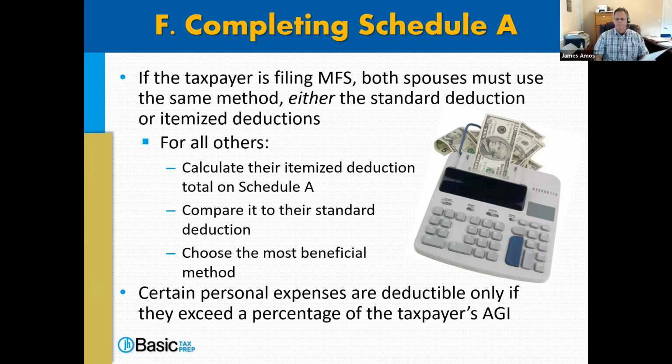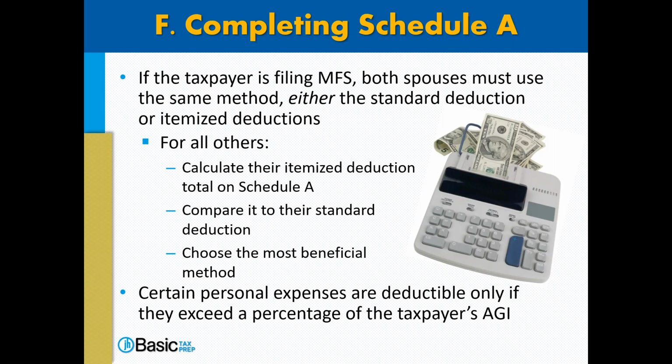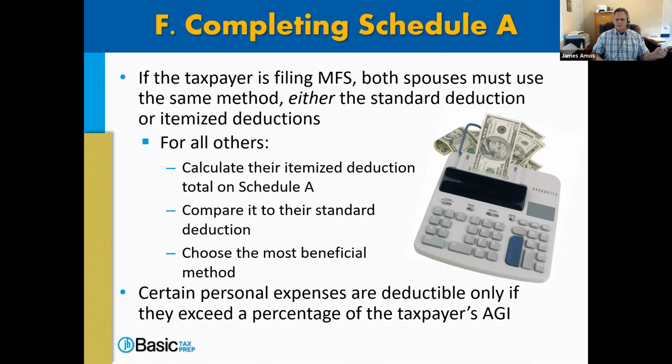Which line number? 17. Total itemized deductions all get added together on line 17. And then you take whichever's higher, the standard deduction or the itemized deductions. That's what you take.